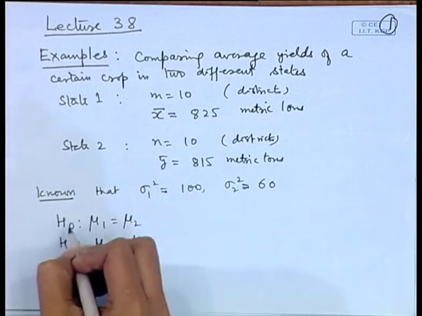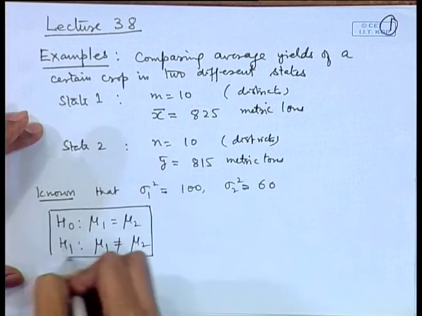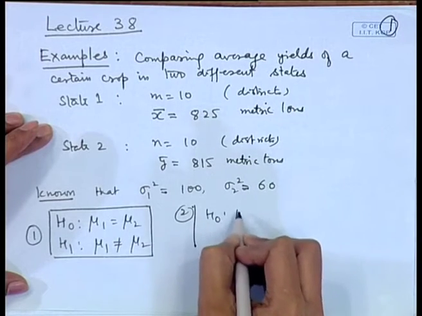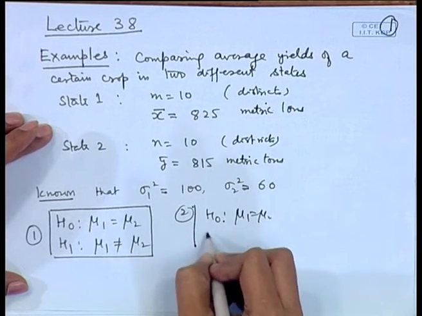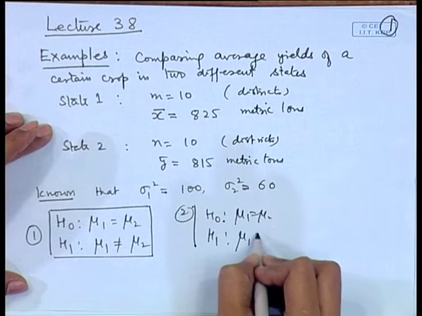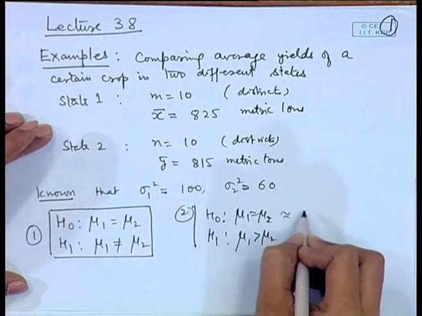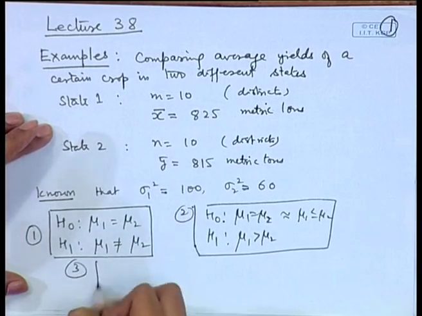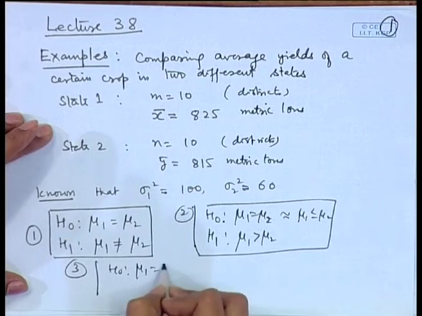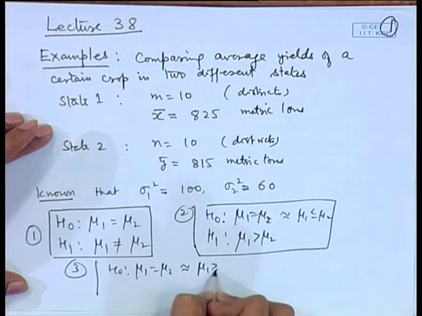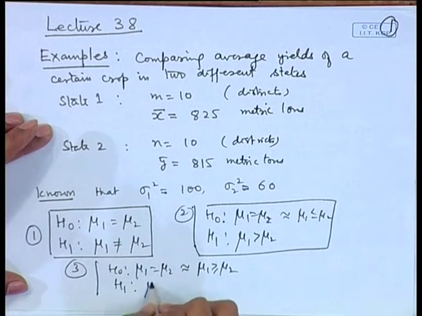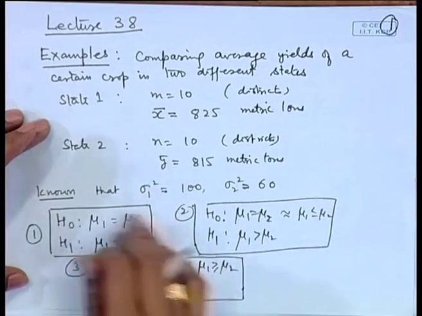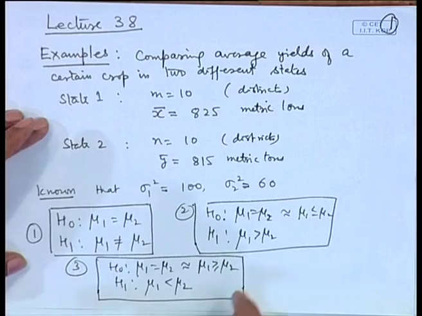Onwards I will consider this as hypothesis 1. The second one I will consider as H naught: mu 1 is equal to mu 2 against H1: mu 1 is greater than mu 2, which is equivalent to mu 1 less than or equal to mu 2. And the third one will be H naught: mu 1 is equal to mu 2, which is equivalent to mu 1 greater than or equal to mu 2, against H1: mu 1 is less than mu 2. I will refer to these as hypothesis problems 1, 2 and 3.